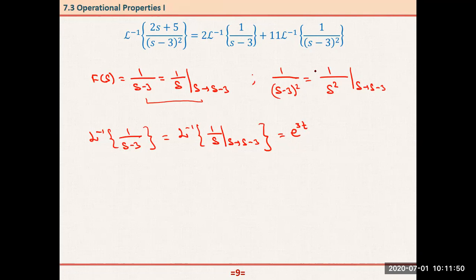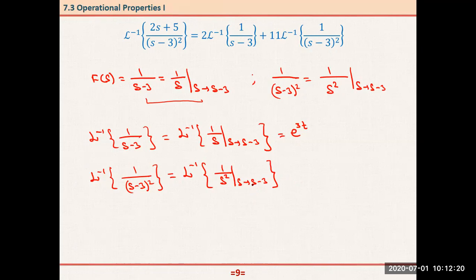Okay. Now next thing is, here we have inverse Laplace transform of 1 over s minus 3 squared, right? Now also I can write it as inverse Laplace transform of 1 over s squared, where s should be replaced by s minus 3, right? Sorry, s squared, because here we have squared.